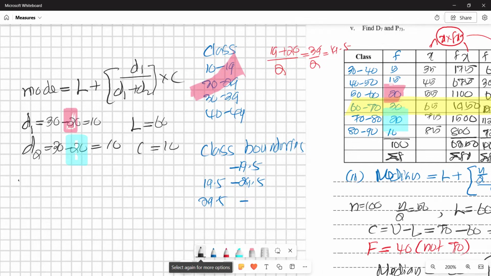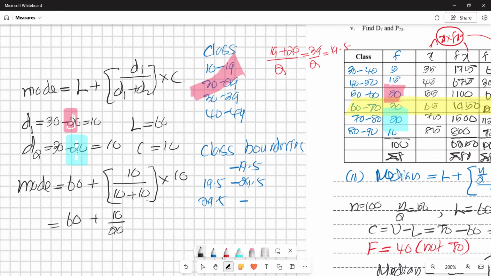Now we can write mode equals L, 60, plus D1, 10, over D1 plus D2, into C. If I simplify this, 60, this is 10, this is 20, this is 10. The zeros will cancel out. 2 into this one, 5. Altogether, 65.